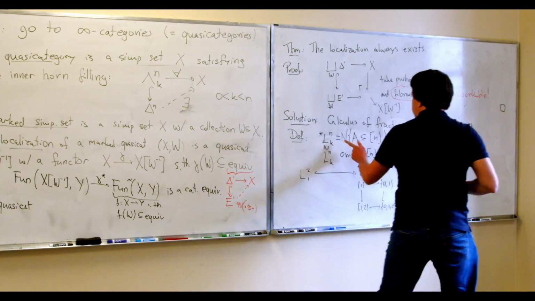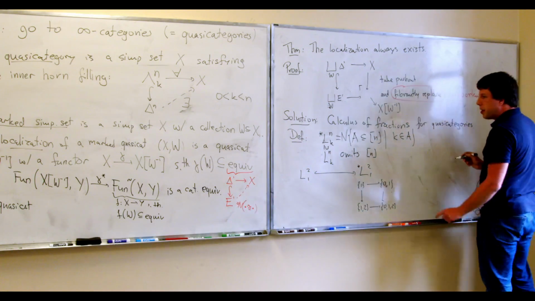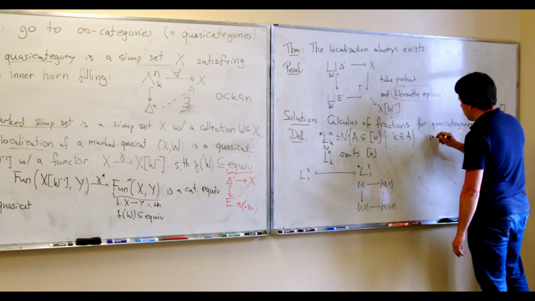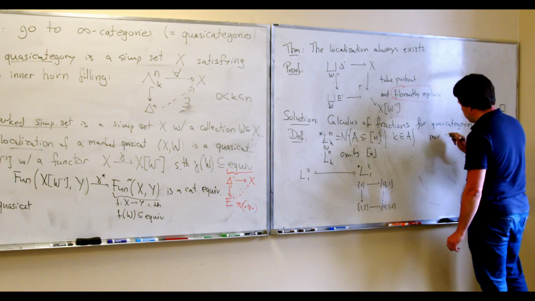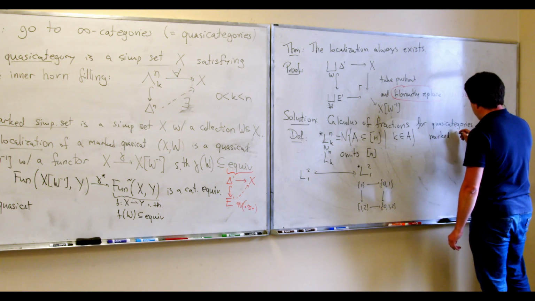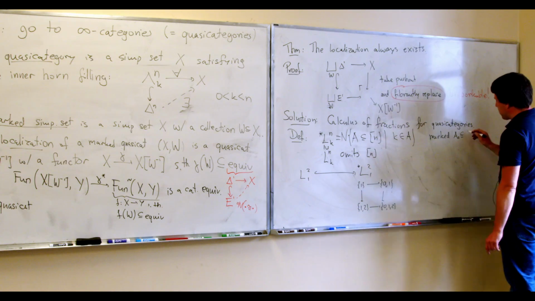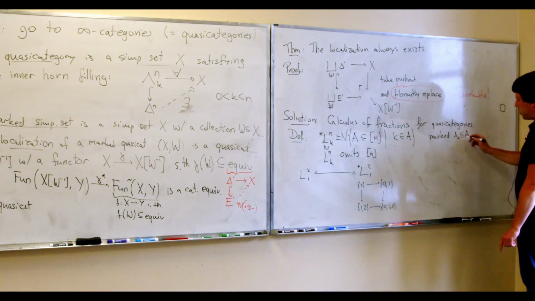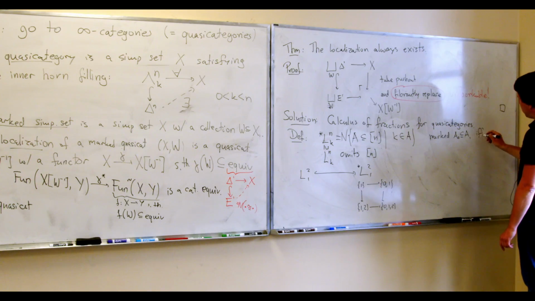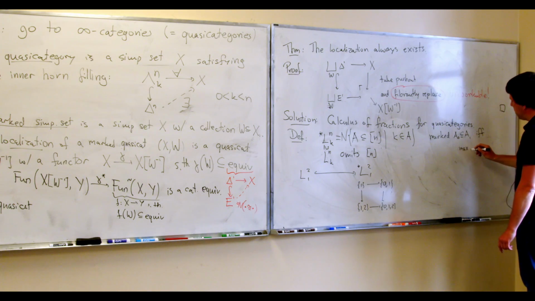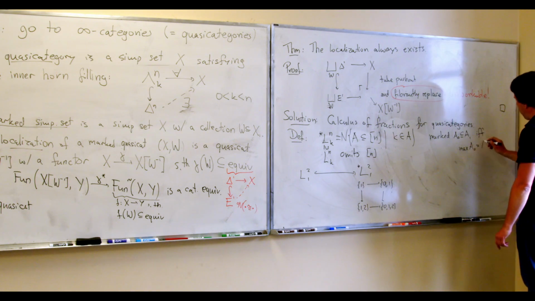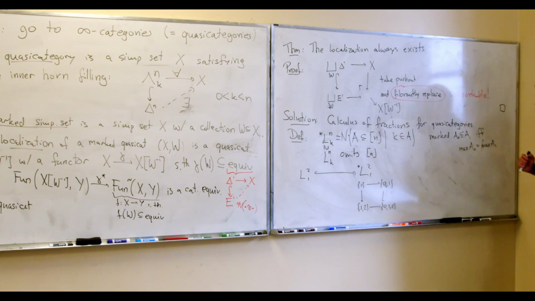Okay, and one other thing, I want to consider this as a marked set, so a marked simplicial set. So marked at, well, two subsets, so an inclusion here is an edge, and this edge is marked exactly when their maximums are the same. Max A0 is equal to max A1.